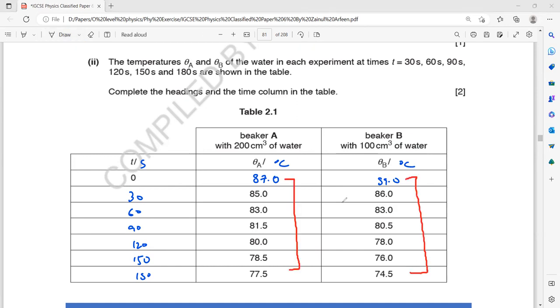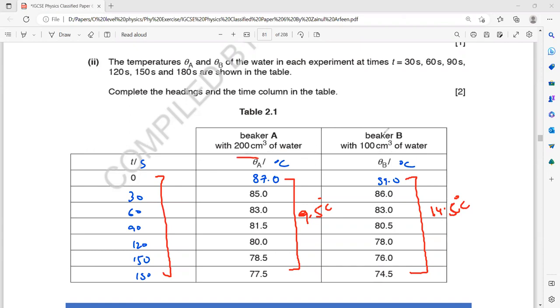What is the temperature change for 200 cm cube of water in 180 seconds? 9.5 degrees. What about the temperature change for 100 cm cube of water? 14.5. So which one cooled down faster in 180 seconds? Beaker B, the 100 cm cube.